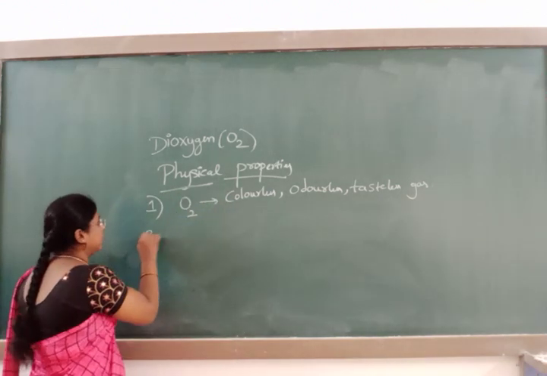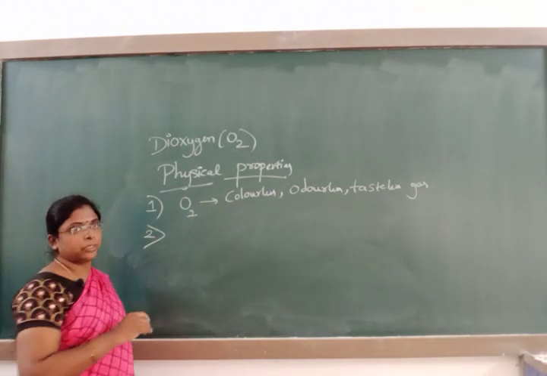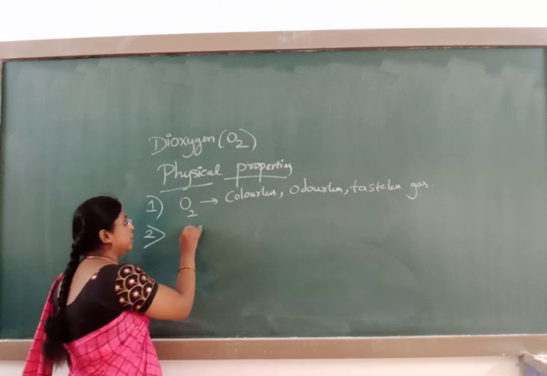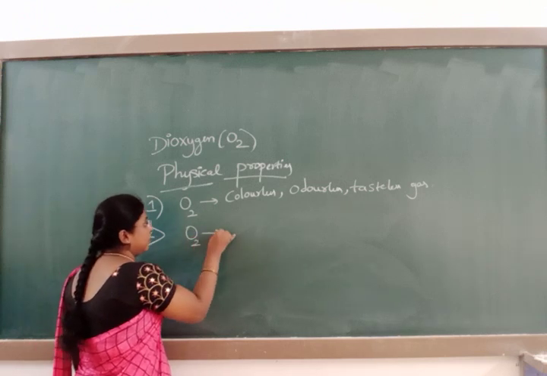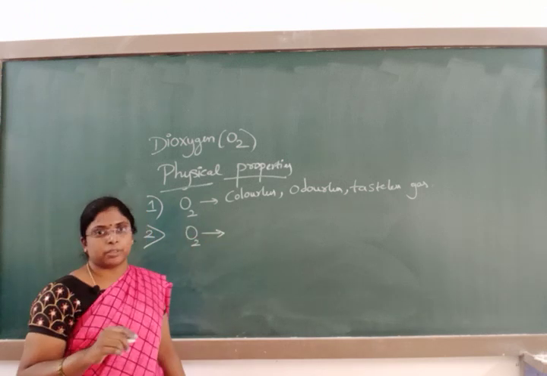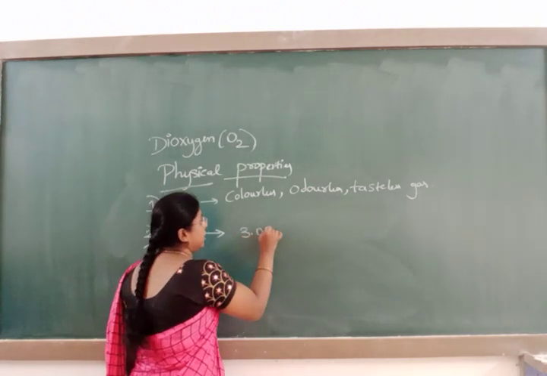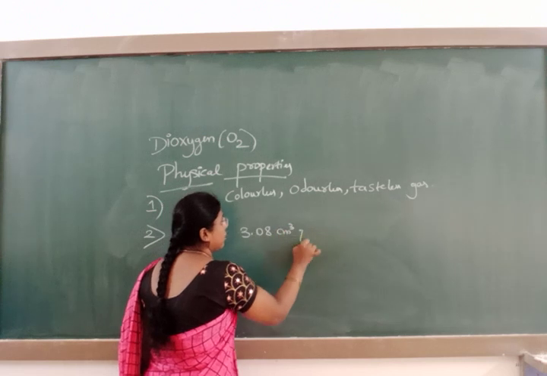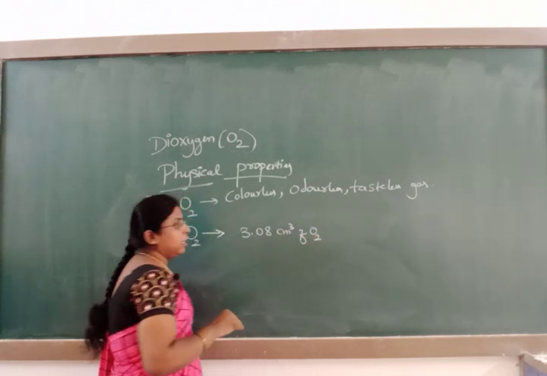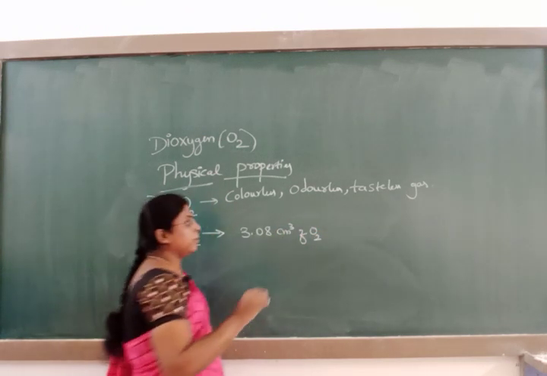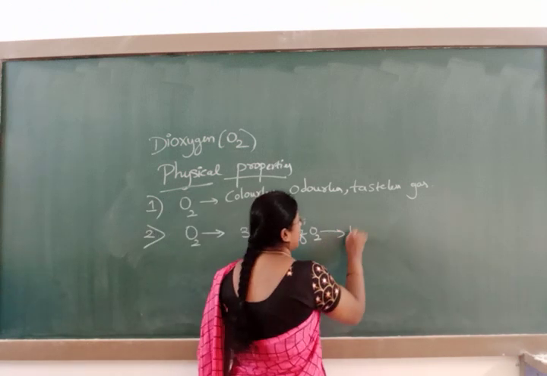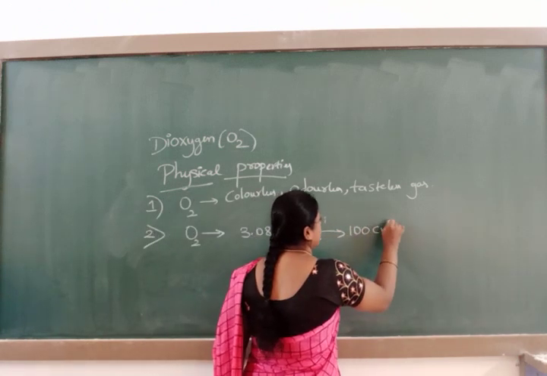Oxygen, O2, is present in water in the form of dissolved oxygen. 3.08 cm cube of oxygen is dissolved in 100 cm cube of water.